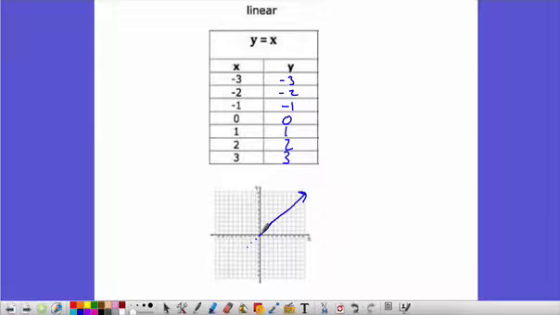And then we can see that since -3 is going to go with -3, you get a dot there. -1 goes with -1, you get a dot there. So you have a straight line. It's a linear equation line going through all the squares on the diagonal. So that is our linear graph.